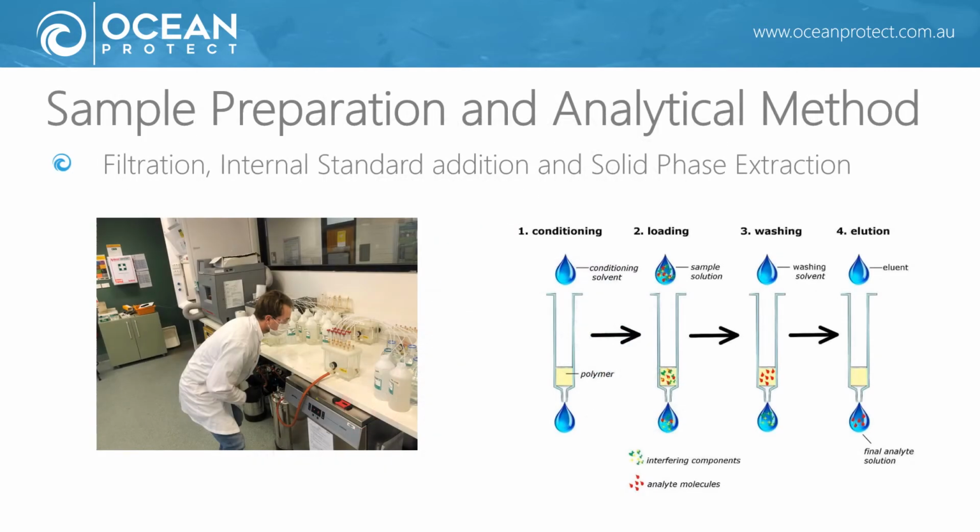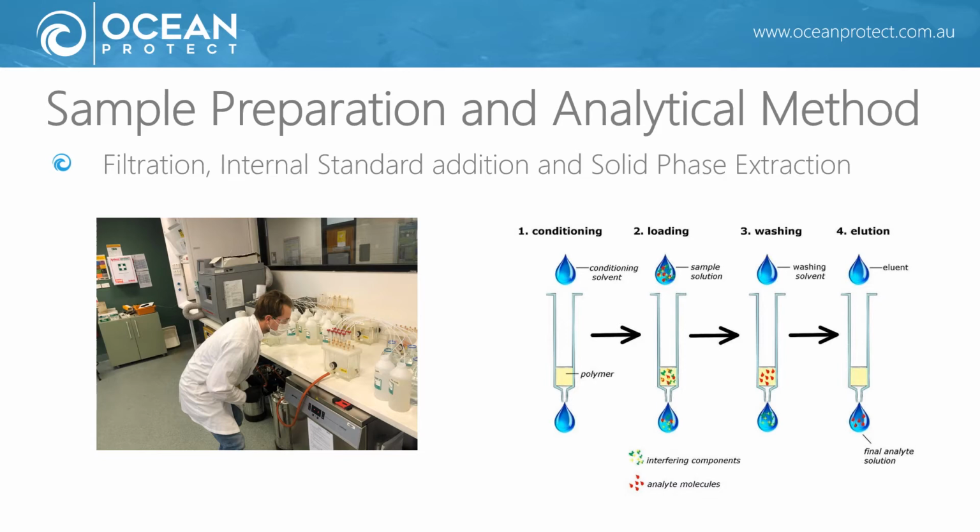Ultra-high performance liquid chromatography in conjunction with tandem mass spectrometry was used to analyze the samples during this study. Internal standards are added to the samples to correct for any loss during the sample preparation. The internal standards are isotope-labeled copies of the target PFAS analytes.